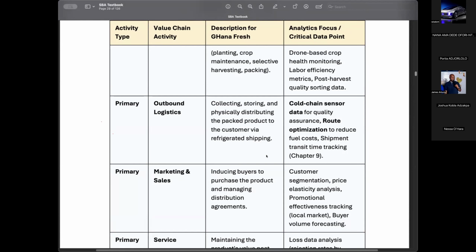That will be fuel cost, shipping transit time. It will play a key role. Marketing and sales: customer segmentation will be needed, price elasticity analysis, promotional effectiveness, or tracking the local market for products so that you can compete with them. All of these tend to matter.